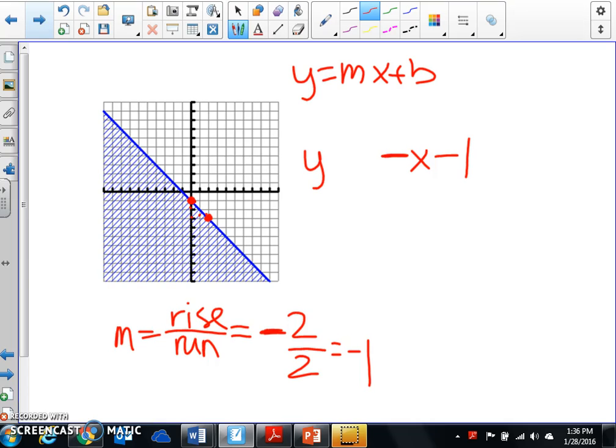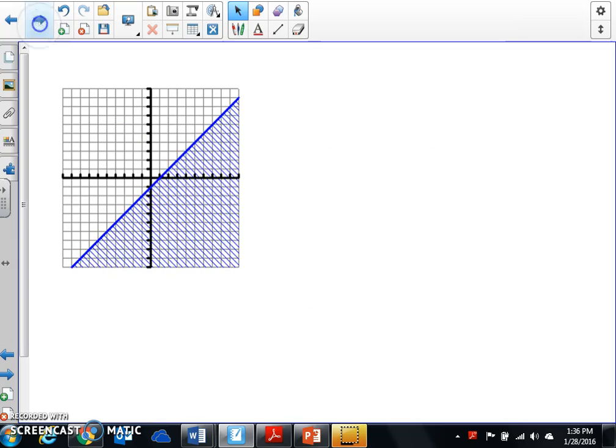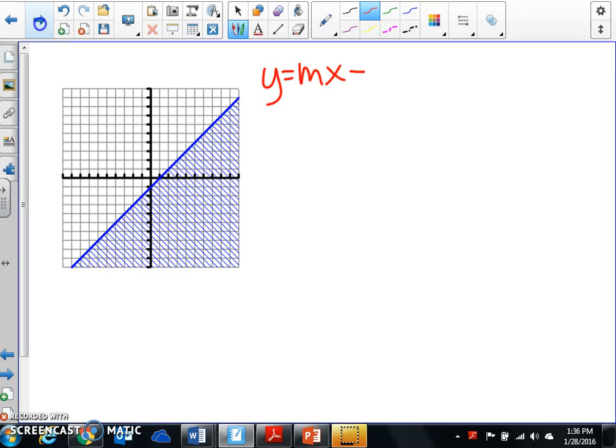And then I have to look at my inequality. All of my values are becoming smaller. They are less than. It's a solid line, so equal to. Same thing. I start with y equals mx plus b, and I start out with the y-intercept, which is, once again, -1. Now we have to worry about slope.